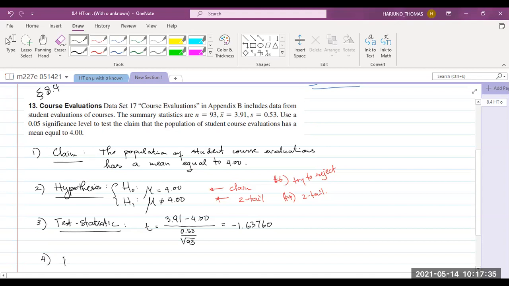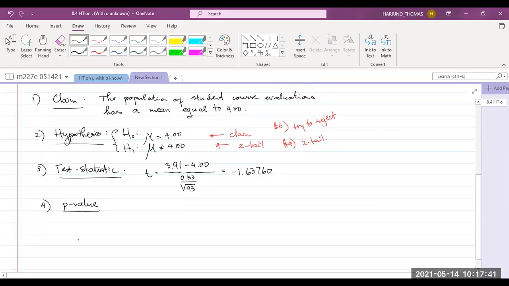And then the p-value. We have the T distribution, not the standard normal distribution, but the shape is very similar. For negative 1.63760, I need to find the area to the left and then double it because it's a two-tailed test.